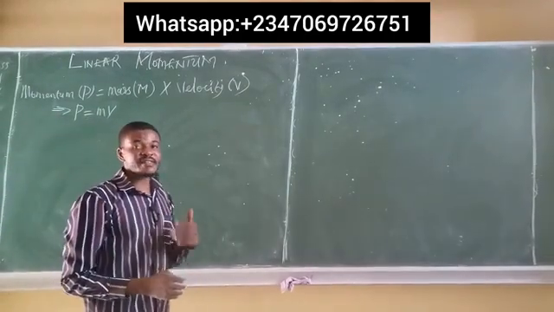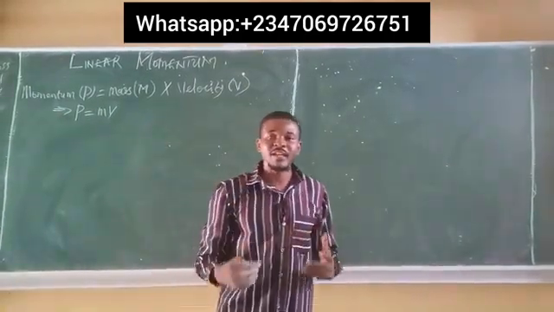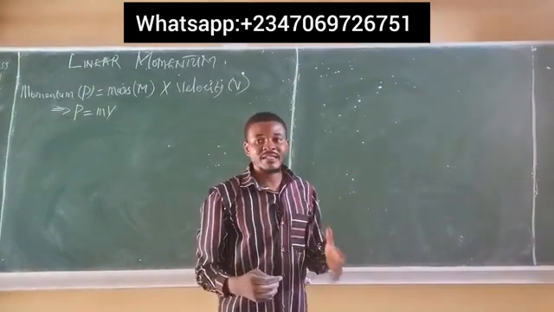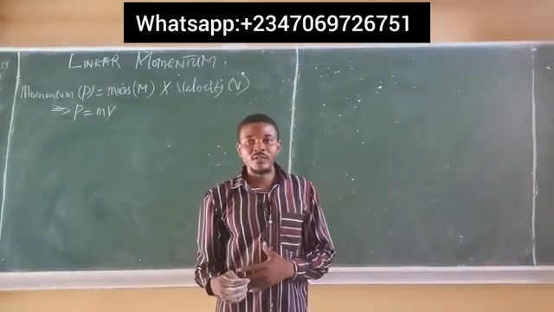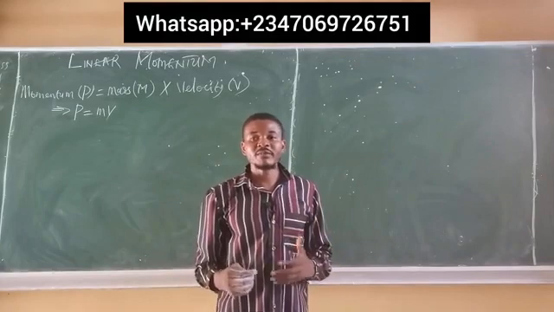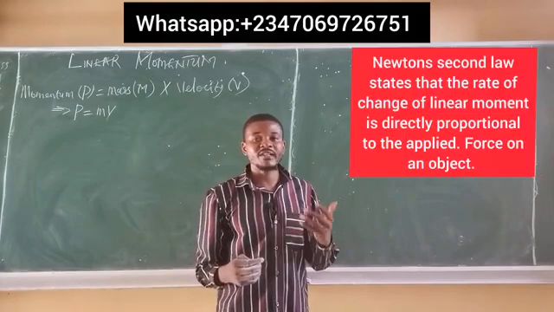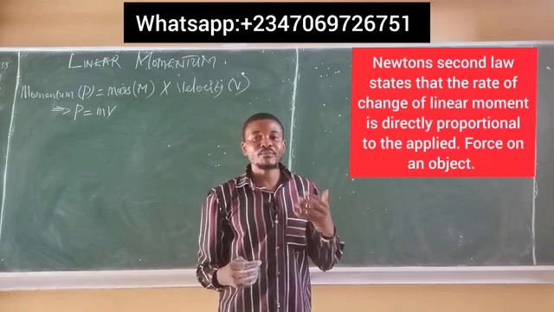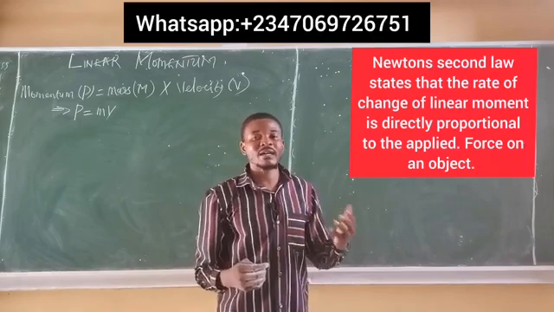Now, Newton's second law of motion explains the concept of impulse in relationship to momentum. Newton's second law of motion states that the rate of change of linear momentum is directly proportional to the force applied on an object.